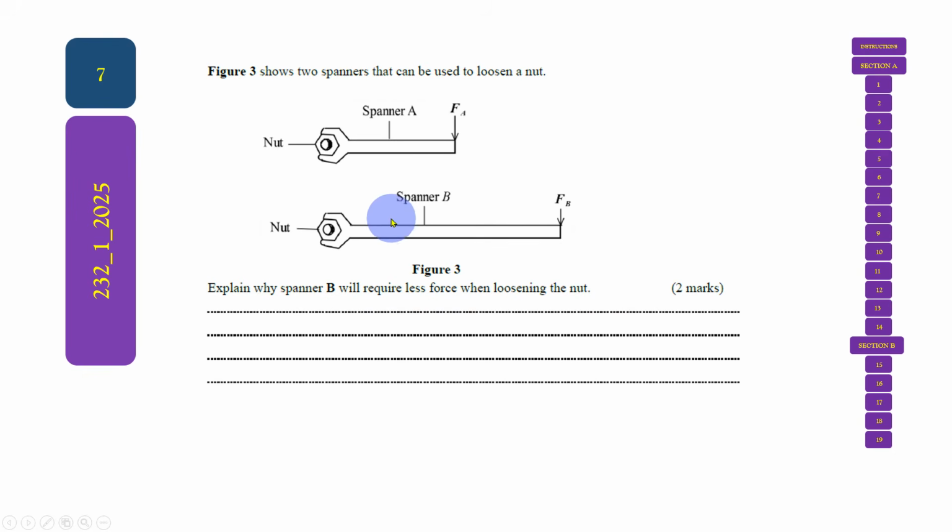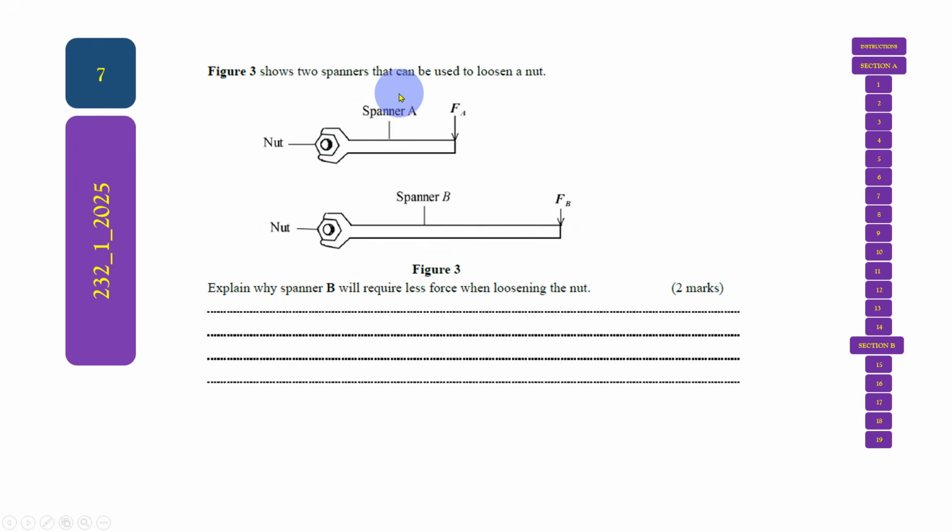Of course, this is about factors affecting moment of a force about a point, and one of them is the magnitude of the force. But these two forces may be the same, but you find that over here you can apply a smaller amount of force to produce the same turning effect as the larger force applied here to produce this turning effect.